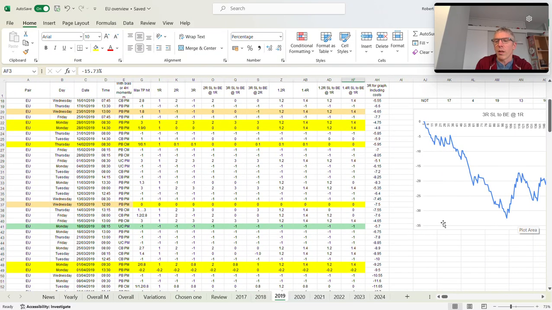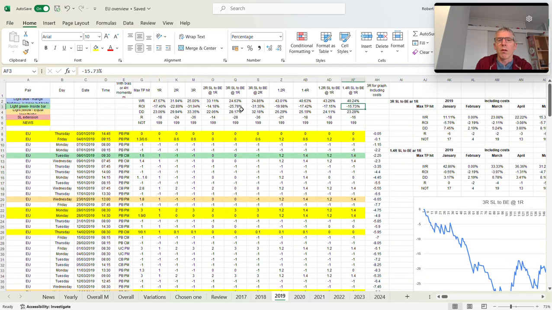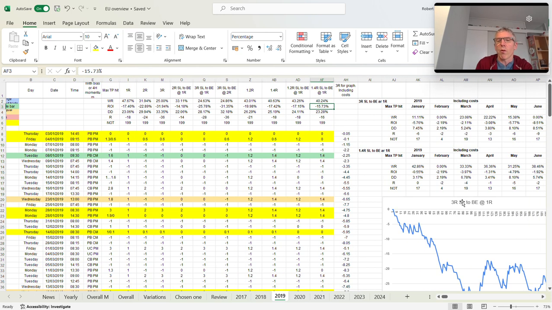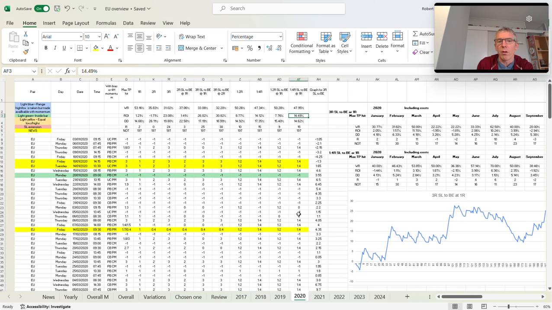I think it closes at about 25%. Actually, that's the wrong graph, but you lose 15% in this year. It's just not a good year for the strategy. Don't know why. It just doesn't work. The next year you make it up.